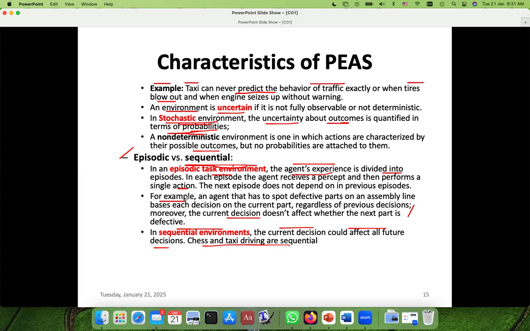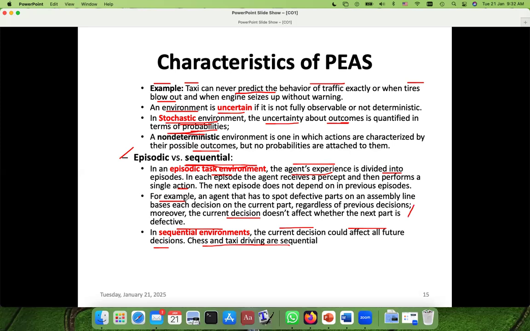This is one episode, and the next part which is coming is another episode. The fact that the agent picked one part from the belt does not mean that the next part would also be defective.